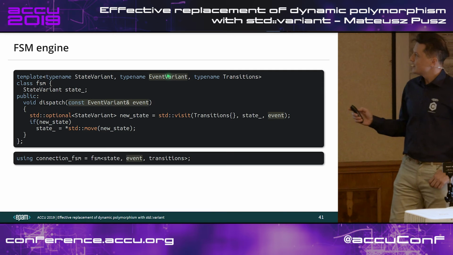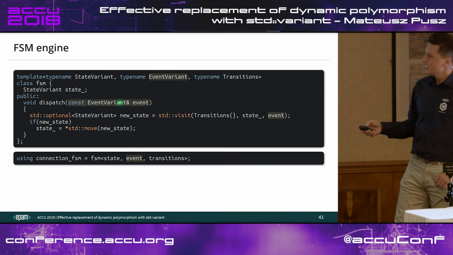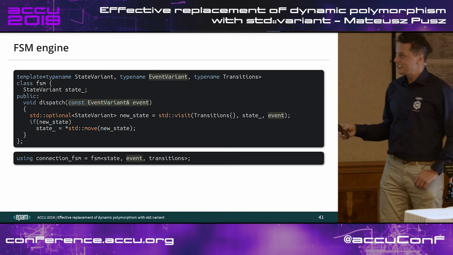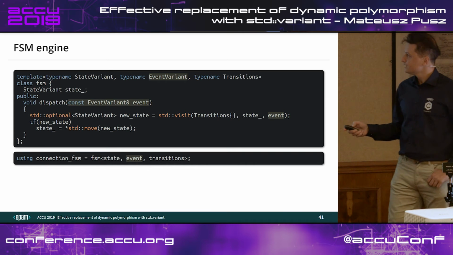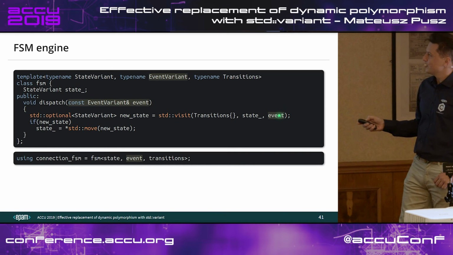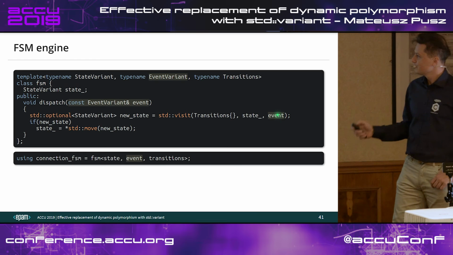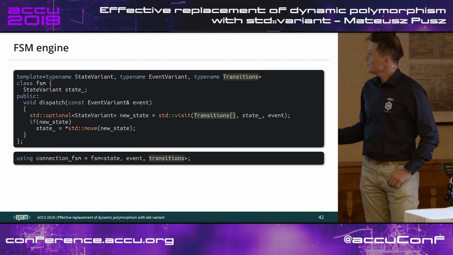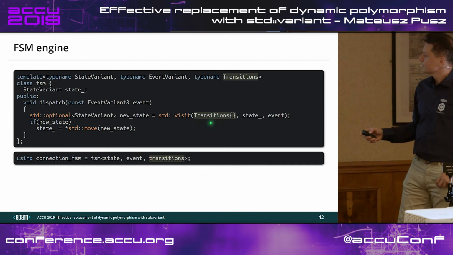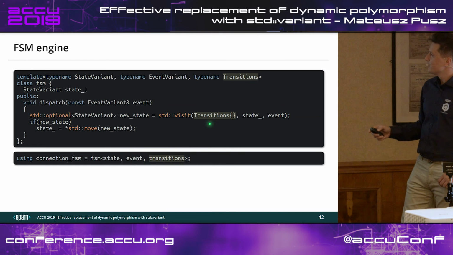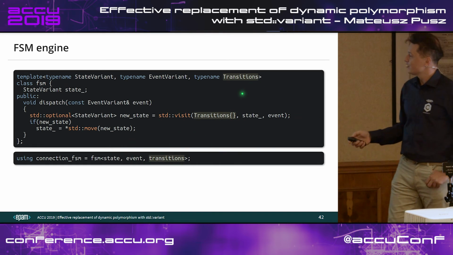EventVariant is the variant of events. It can be used this way, or I will show you an alternative approach in the next solution. And you also dispatch it here in the visitor. And of course, transitions are here. So this is our visitor.